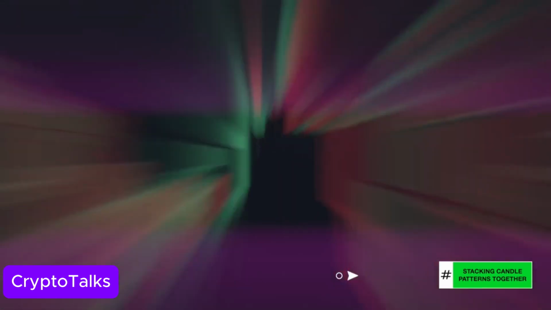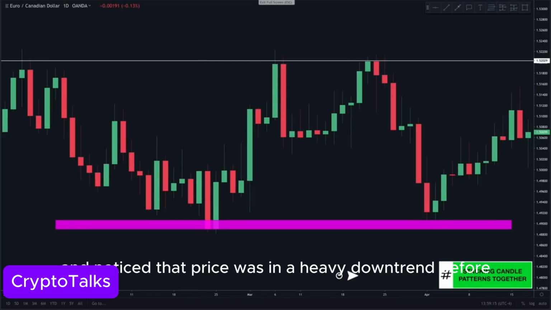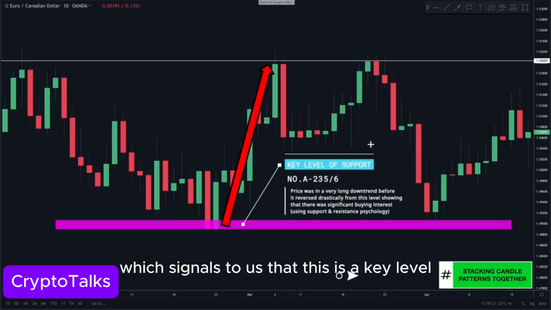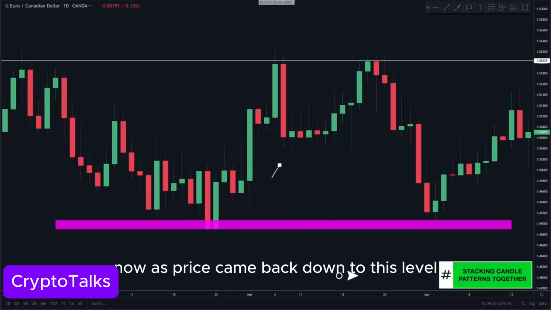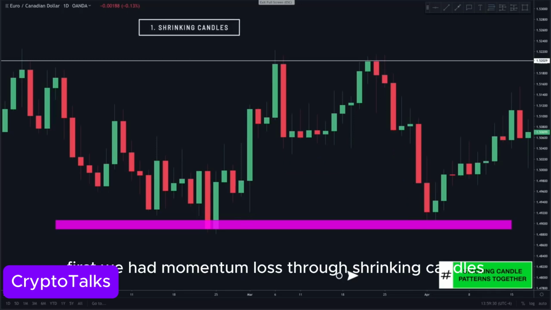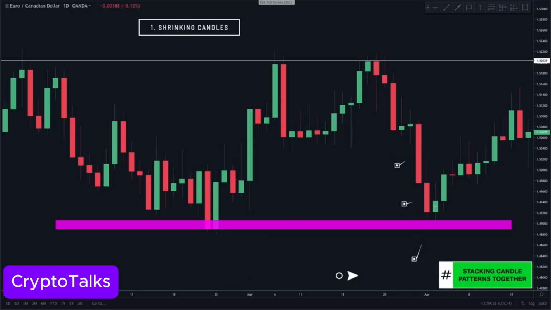So, moving on. Here's the Euro Cat, and again, notice that price was in a heavy downtrend before. Finally, there was a significant reversal that occurred. Now, as price came back down to this level, first, we had momentum loss through shrinking candles, and then an even smaller candle.